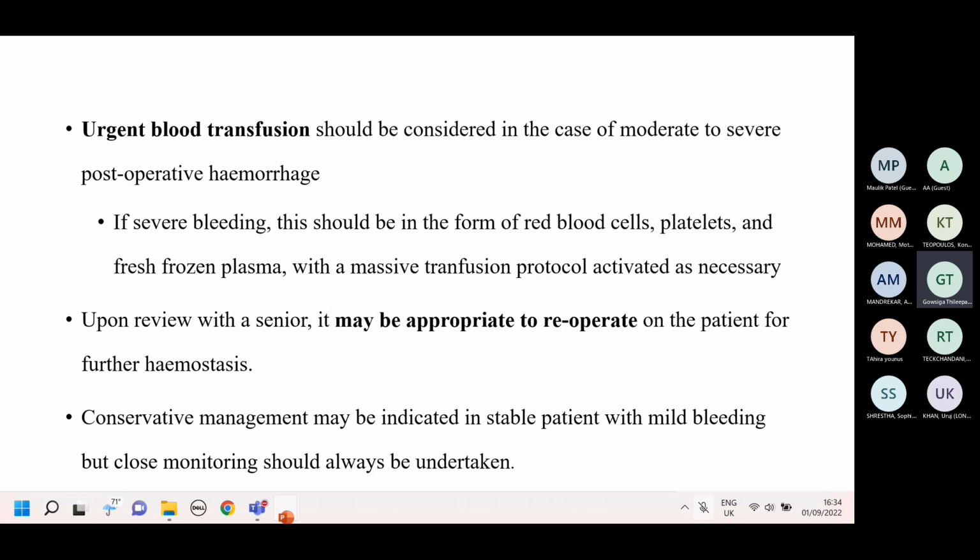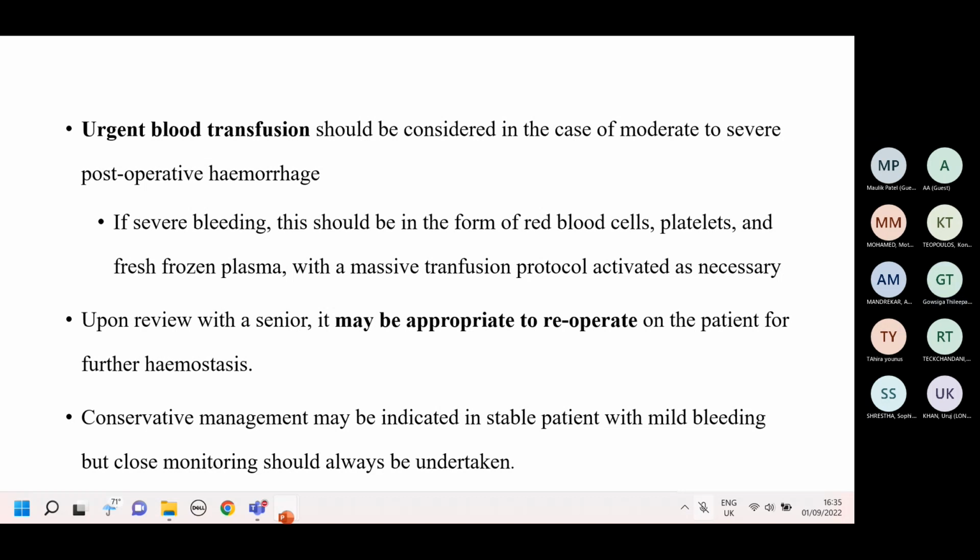Upon senior review, it may be appropriate to reoperate the patient for further hemostasis, or maybe we can wait if the patient is stable with mild bleeding and the senior is happy. But there should be close monitoring anyway, always, and make sure you do not miss any major life-threatening issue.